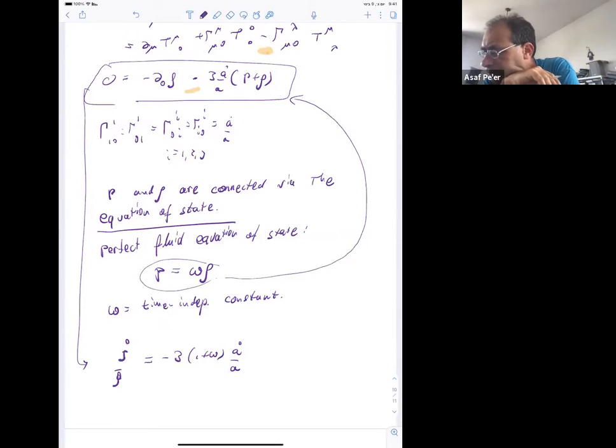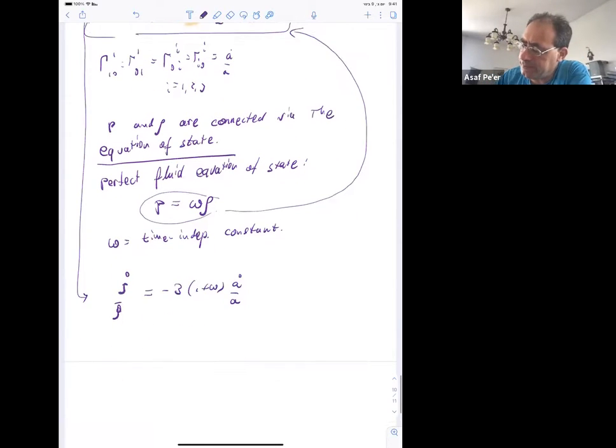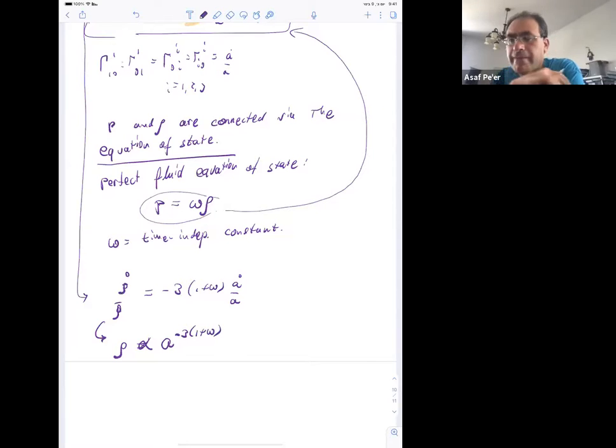Which is something we can integrate immediately and get that rho is proportional, with some proportionality constant, to the scale factor a to the power minus 3 times 1 plus omega.